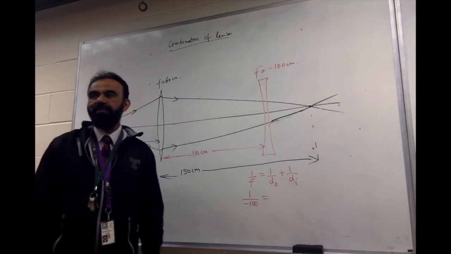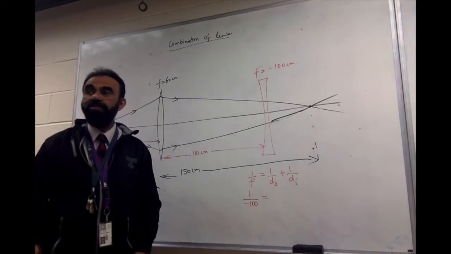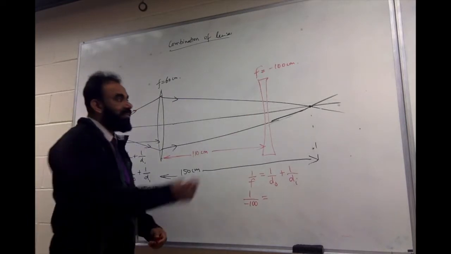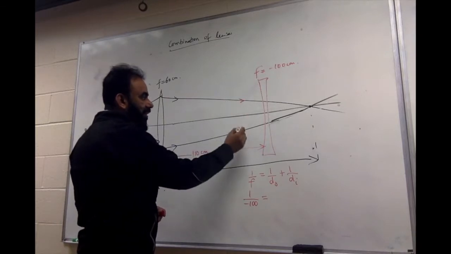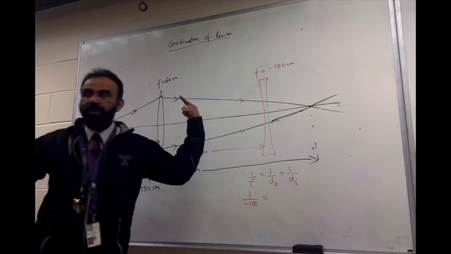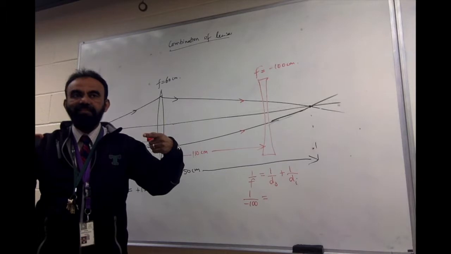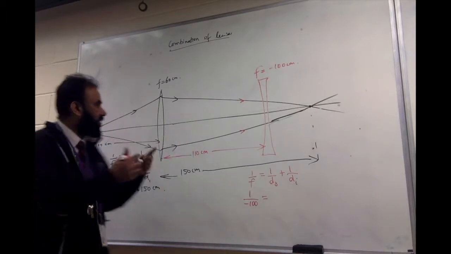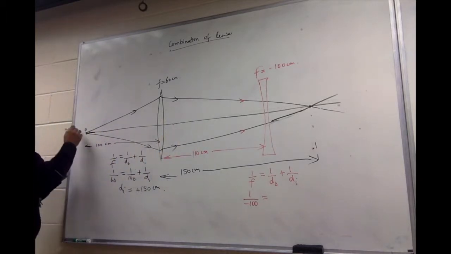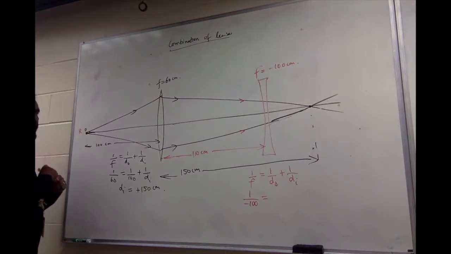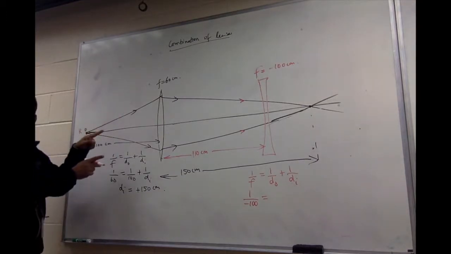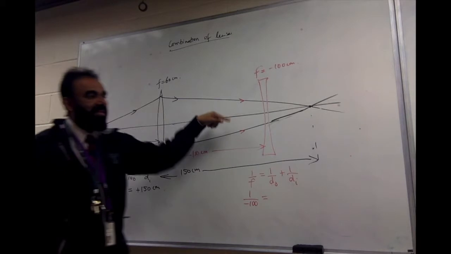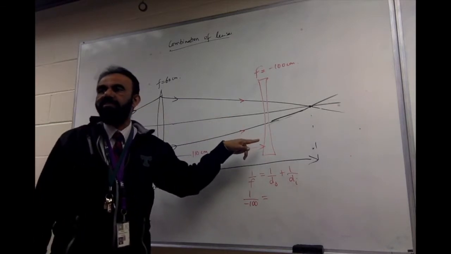For this concave lens, where is the object? As you can see here, these rays are coming in from nowhere. This is a real object, 40 centimeters away. So rays were diverging from here, but these are rays that are converging onto this concave lens.